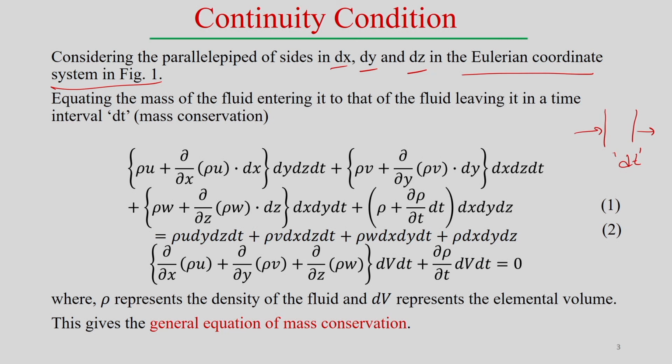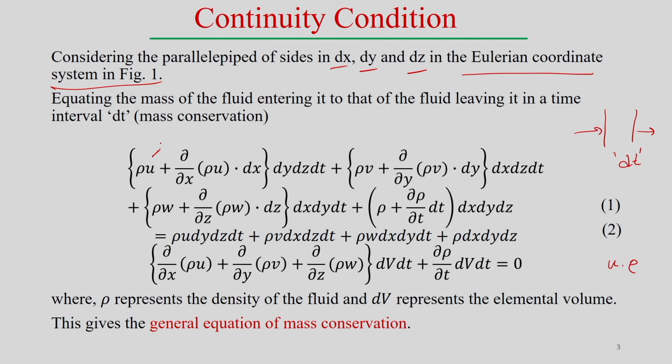So, let us look into this. First, what is exiting? This is the velocity u. We multiply u by rho, where rho represents the density of the fluid, that means mass per unit volume. So, when you multiply by rho, it is converted to per unit volume.